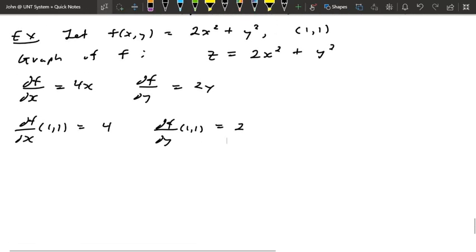And let's calculate the value of f at (1, 1), which is 2 times 1 squared plus 1 squared, or 3.